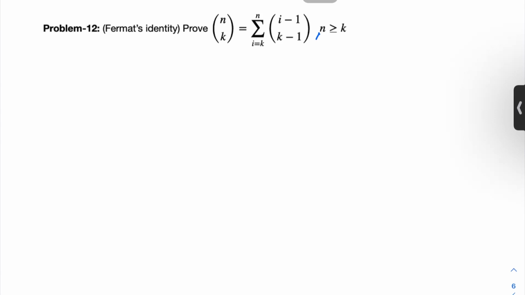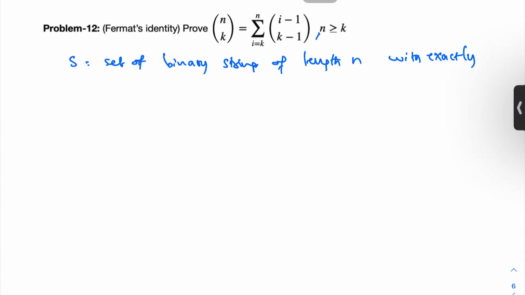At least I am familiar with the left hand side expression, n choose k, which usually counts the number of subsets of size k from a set with n objects. We also know that n choose k counts the number of binary strings of length n with exactly k ones. Let me consider S equal to the set of binary strings of length n with exactly k ones, remaining n minus k zeros.